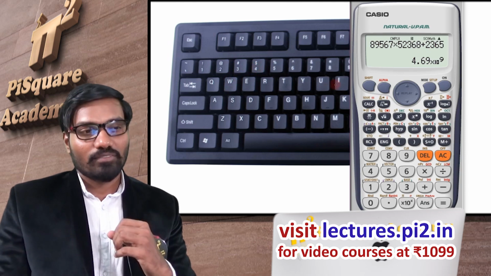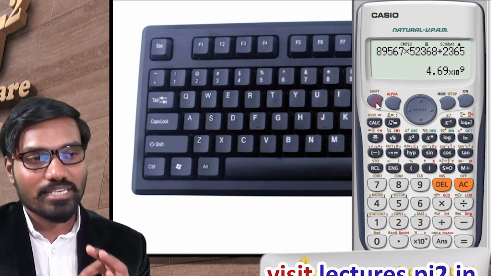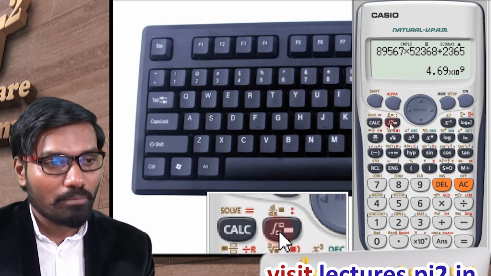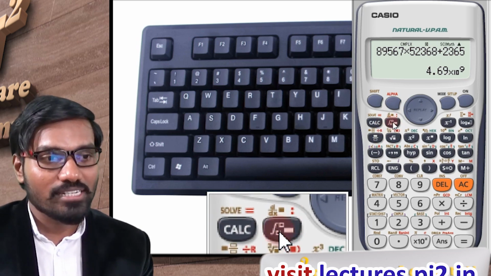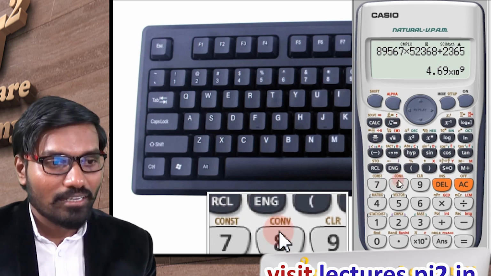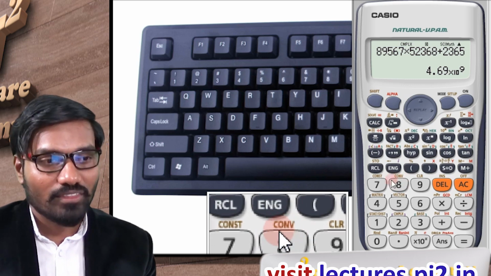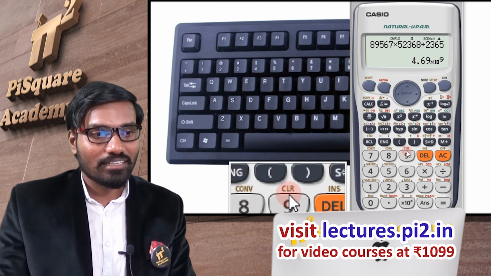Similarly, here also the Shift function performs exactly the same, Shift as well as Alpha. Each and every button has two or more operations. See here, this is a regular operation. Here 8 is there, and on top of this 8, CONV, conversion. Here 7, on top of that, constant. Here 9, clear.